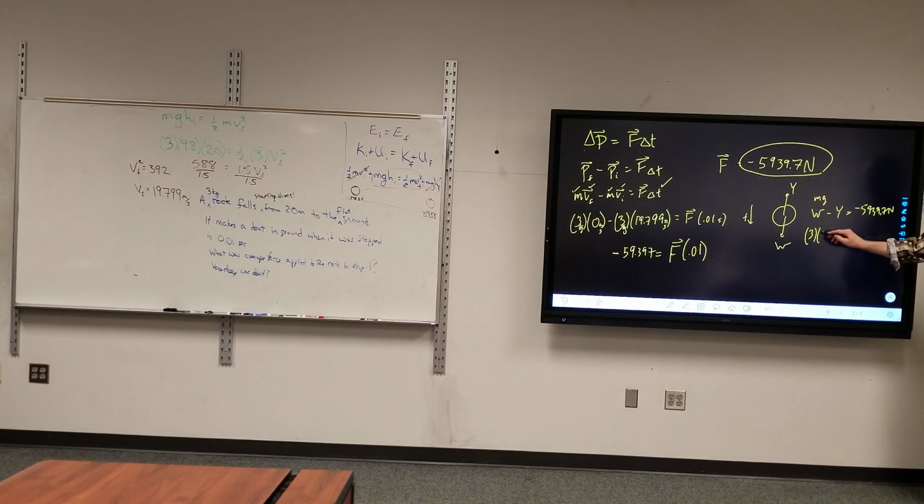So 3 times 9.8 minus N is equal to negative 5,939.7 newtons. And so my normal force, the average normal force as the rock sinks, is going to be 29.4 plus that.